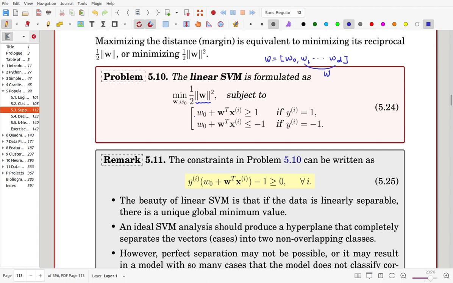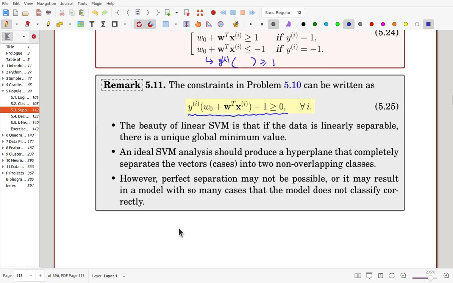If it is -1, then multiplying by yi makes this portion larger than or equal to 1. So eventually we can combine these two inequalities into one unified inequality. Rather than the separate ones, we use that inequality as the constraint for this optimization problem.